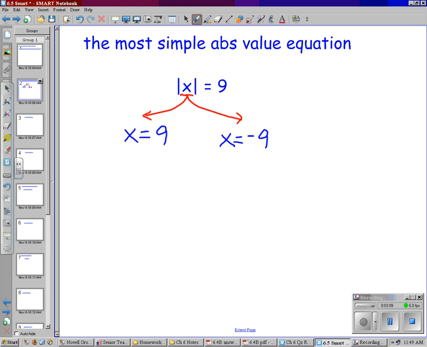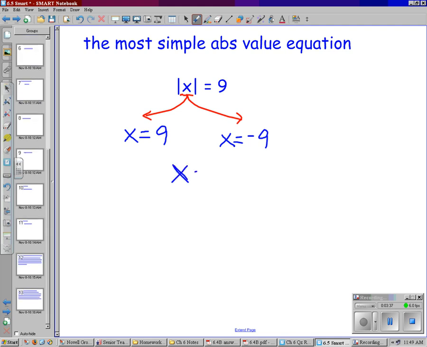Absolute value up here in our original equation, fabulous. That tells me, hey, I'm looking for two different numbers, more than likely in that equation. This is the most simple absolute value equation. I'll have one like this on the test. And people get it wrong because they only give me one answer. They'll say x has to equal 9. It's actually two answers. x equals a positive and a negative.